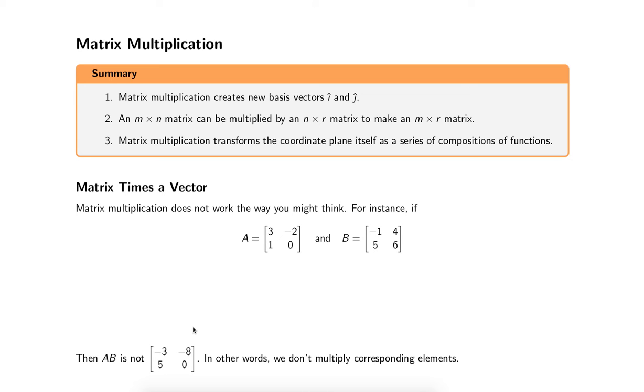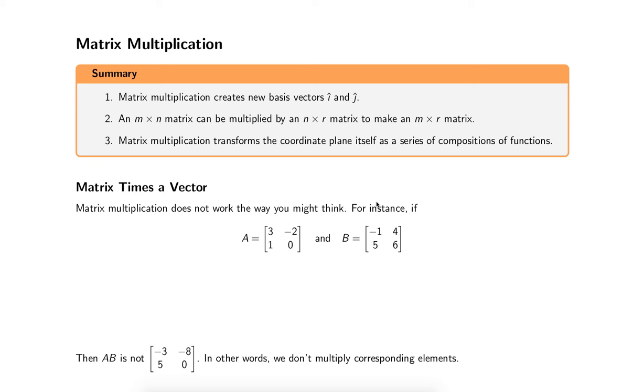In fact, what matrix multiplication does, in terms of visualization, is that every time you multiply by a matrix, and we're going to use a 2 by 2 matrix to start, you're creating new basis vectors, i hat and j hat.